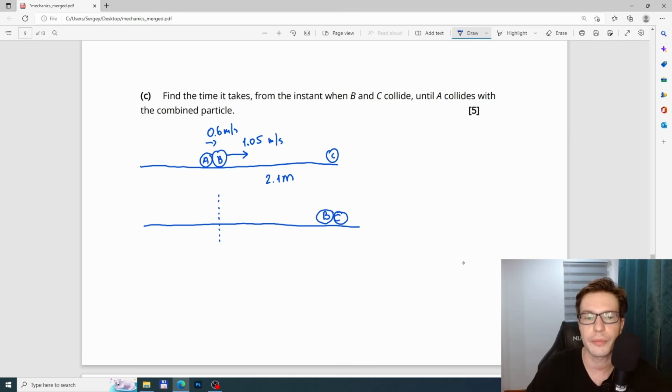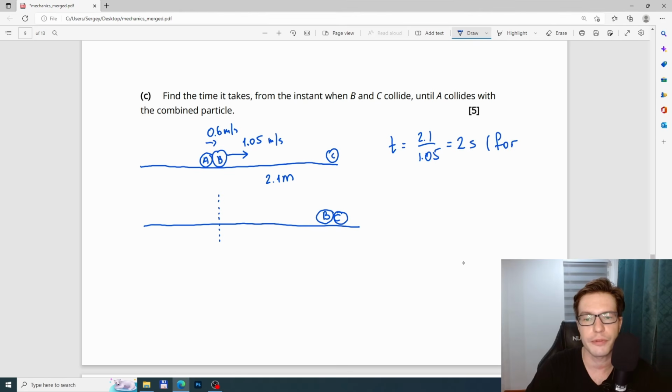Now, what happens when particle B collides with C? For this to happen, particle B has to travel 2.1 meters, and the time for that would be distance over velocity, 2.1 over 1.05, which is 2 seconds.